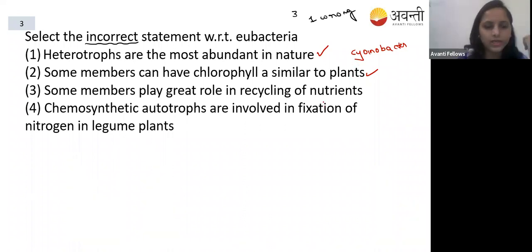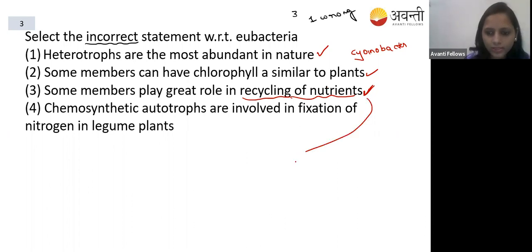Then coming to the third, some members play a great role in recycling of the nutrients. Some of the bacteria are helpful in decomposition, so that statement is also correct, right, guys?